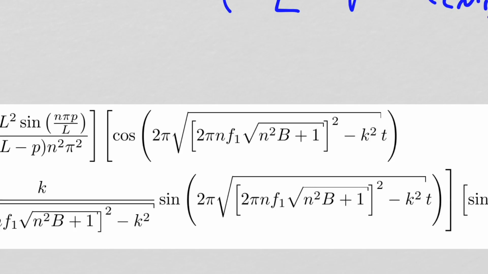And the higher the harmonic, the more significant the factor is, because you want this square root to be 1. When B is 0, this thing is 1. If B is not 0, then it gets bigger and bigger based on the harmonic. So the 100th harmonic has a huge contribution to the inharmonicity.